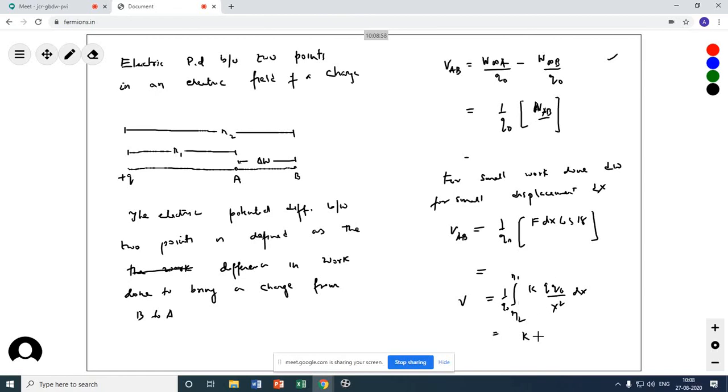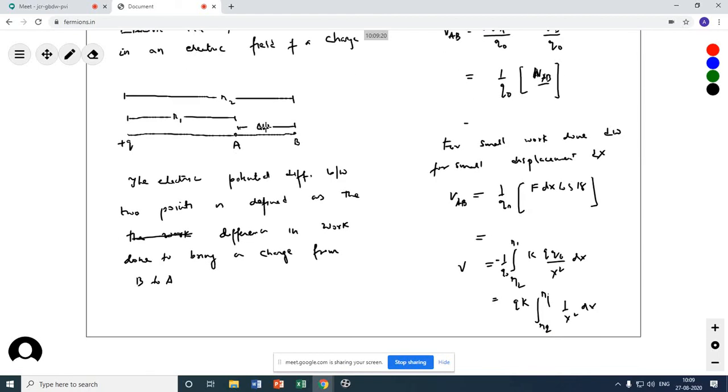So I get here K, R2 to R1, then Q also you take it out, 1 by X square dx. Sorry, there should be a minus because this is cos 180. So 180 gives the minus sign.